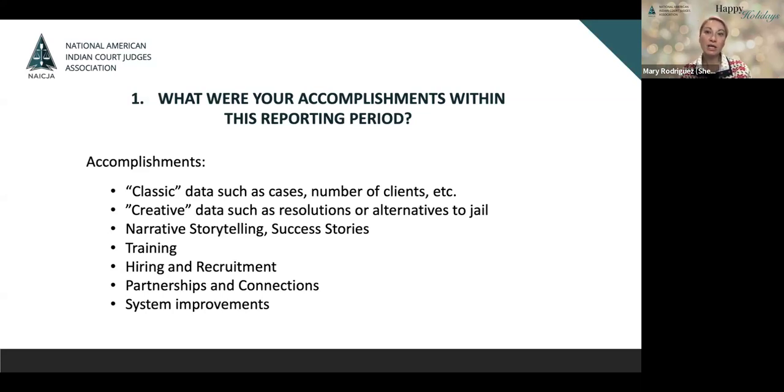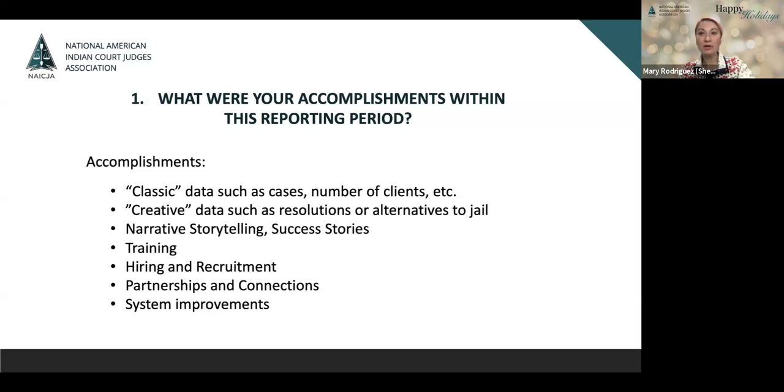I think a lot of times the traditional data is just, we've had 5 cases in this court, and the people served 6 months in jail. But that doesn't show the BJA the actual work that was done in those 6 cases, and why it's important that this funding should stick around, and why the work you do is so important.